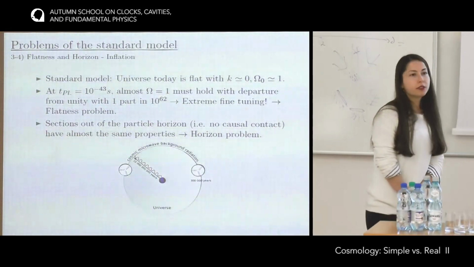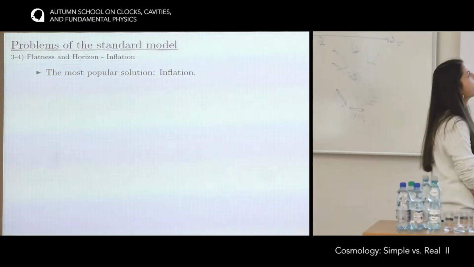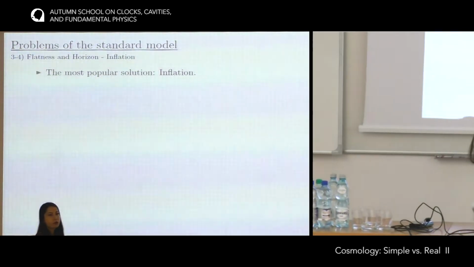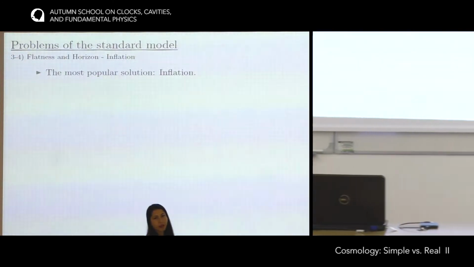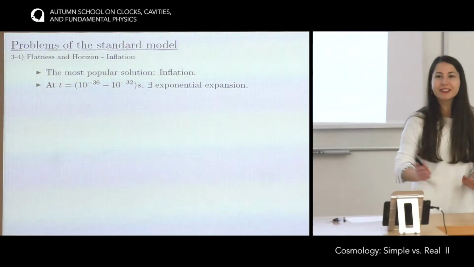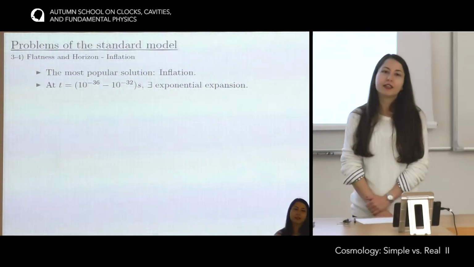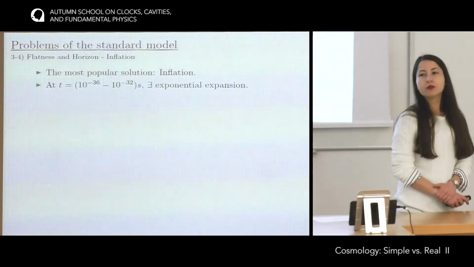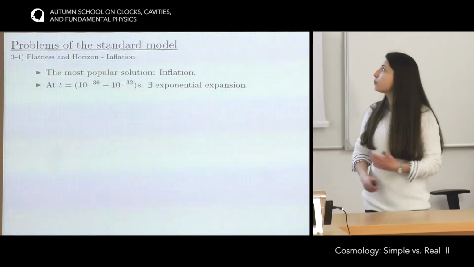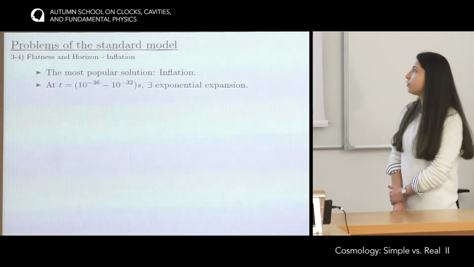So it was during the 80s that Alan Guth and Andrei Linde came up with a solution, which is inflation. They said that in this very early era, between 10 to the minus 36 and 10 to the minus 32 seconds, the universe went through an exponential expansion, which was huge in a very short amount of time.